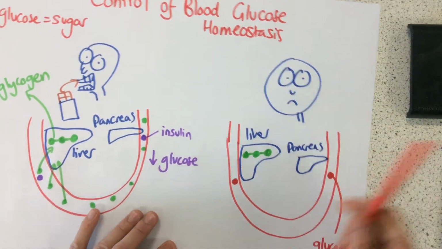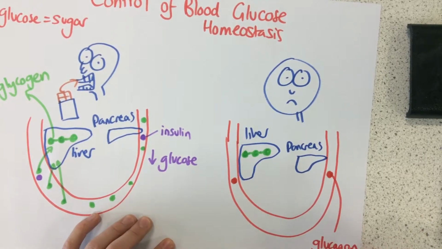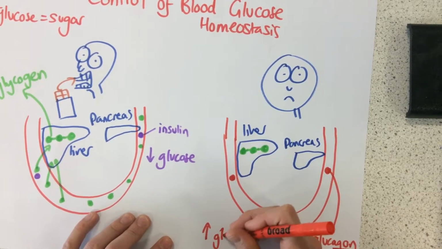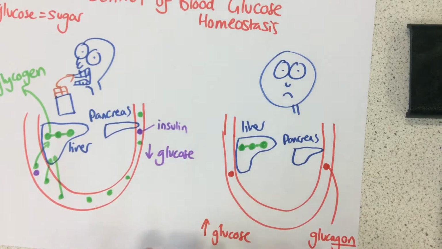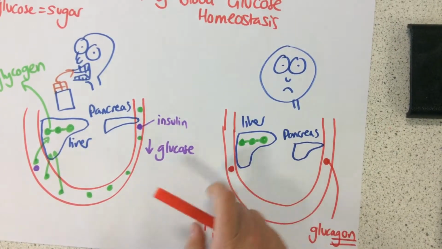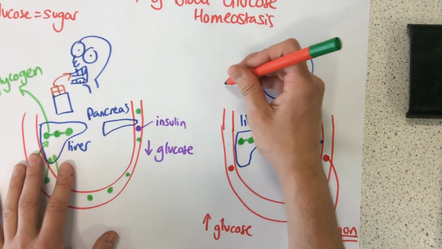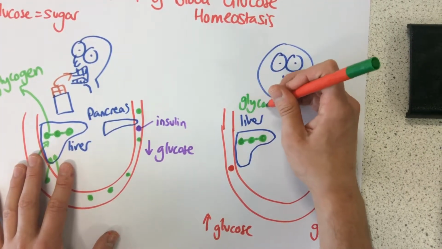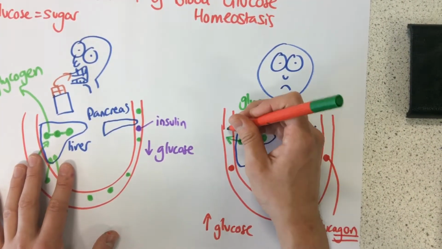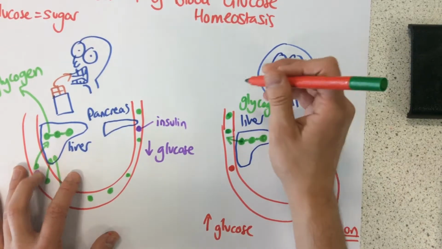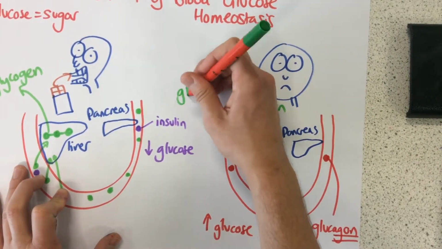Remember, the whole point this time is that glucagon increases the amount of glucose in the blood. So when glucagon gets to the liver, it gets this branch structure, remember, called glycogen, and breaks it down back into glucose.